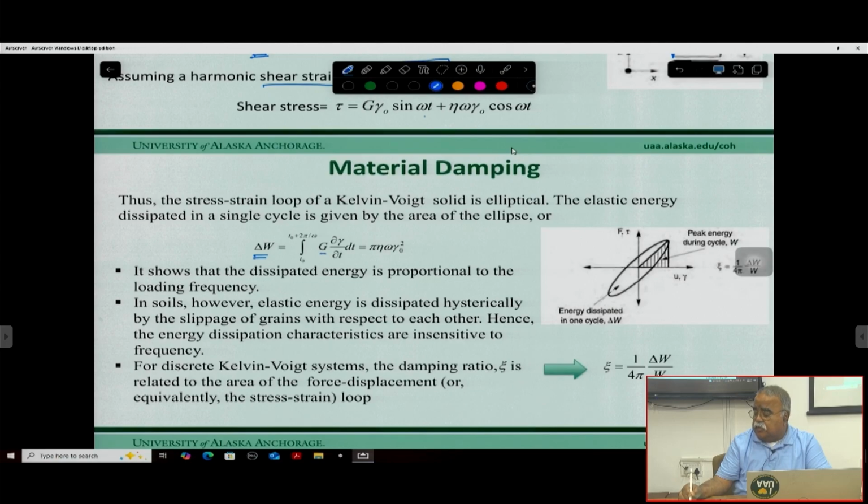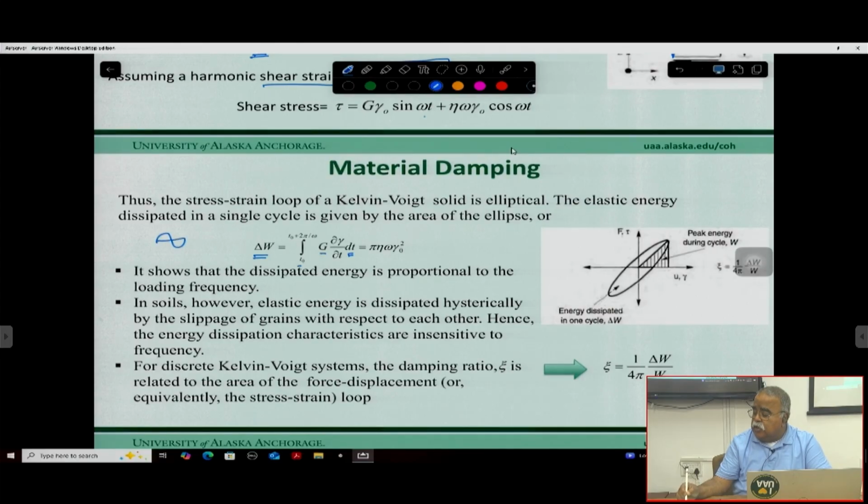So delta W is the stress times d gamma, with the rate of change of the shear strain over an interval of time from t0 to t0 plus 2 pi by omega. That means one complete cycle, right?